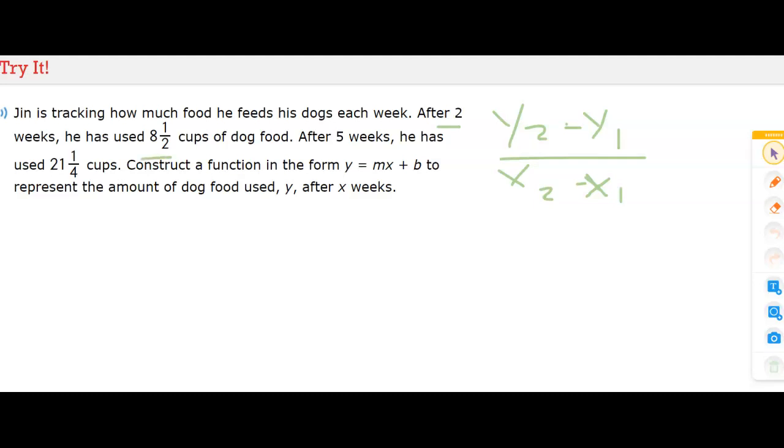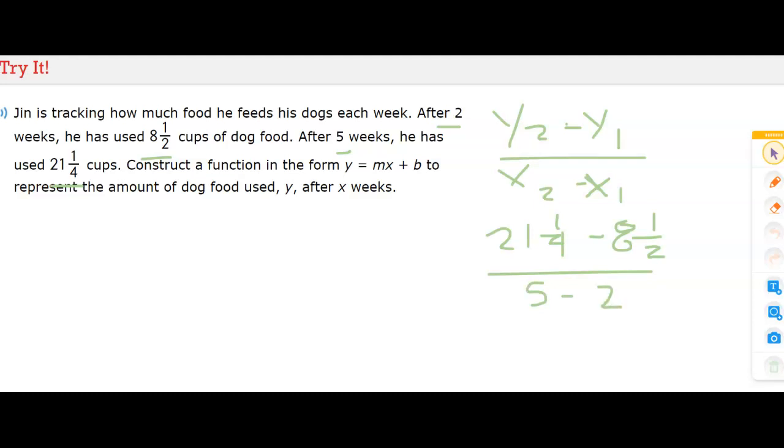This will be our x2, y2. So I'm going to substitute these variables with those numbers. So we have 21 1/4 minus 8 1/2. Then we have 5 minus 2.